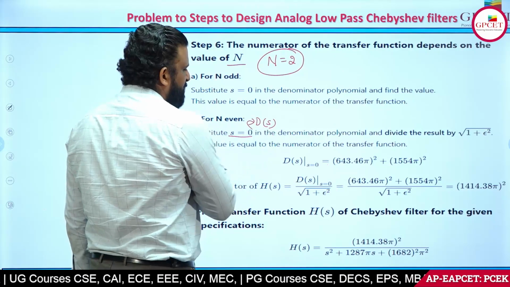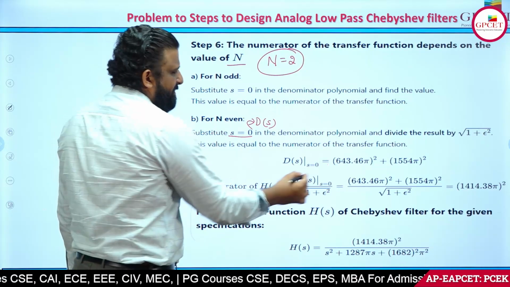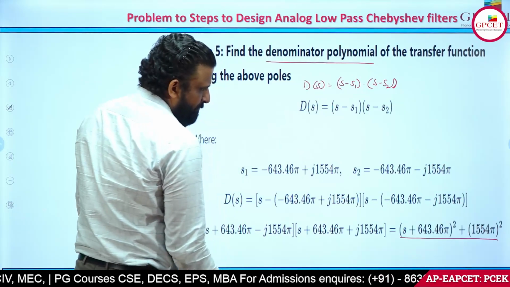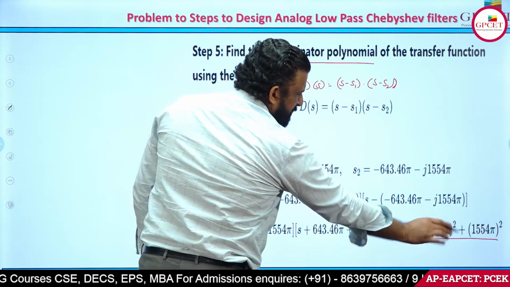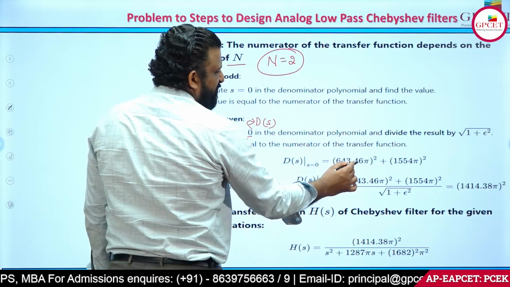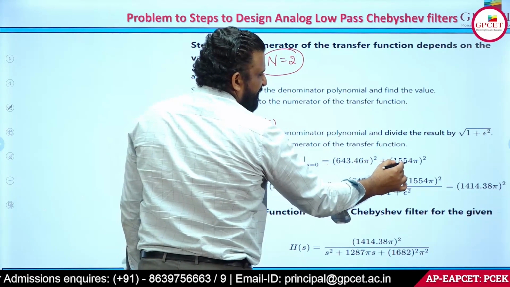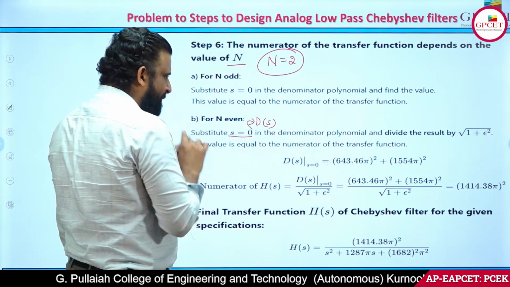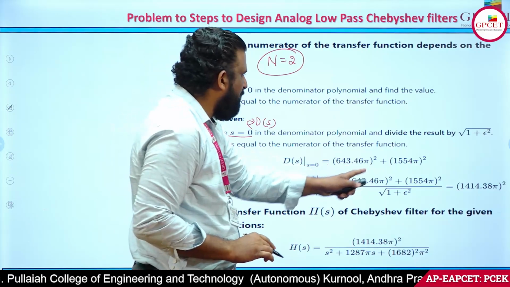Substituting s is equal to 0 in D of s, only the terms that remain are (643.46 pi) whole square plus (1554 pi) whole square.